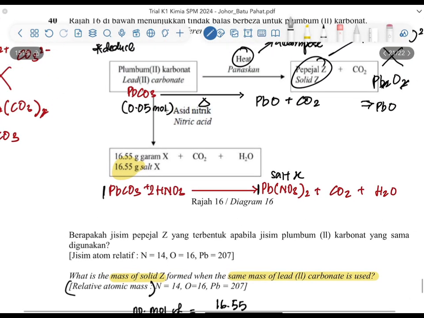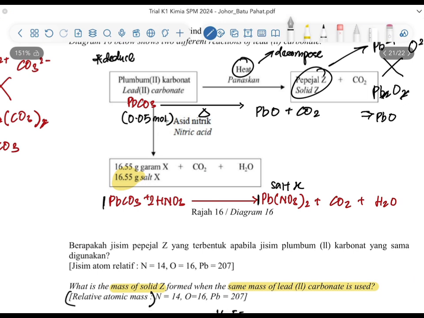We always need to compare and deduce. For the second situation, 1 PbCO3 is also equivalent to 1 PbO according to the balanced equation. So students, you must always remember to balance your equation, or else you cannot find the answer.